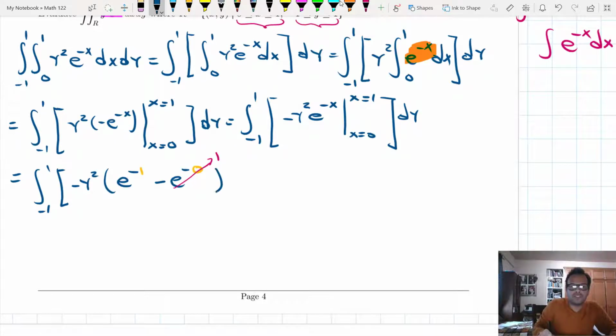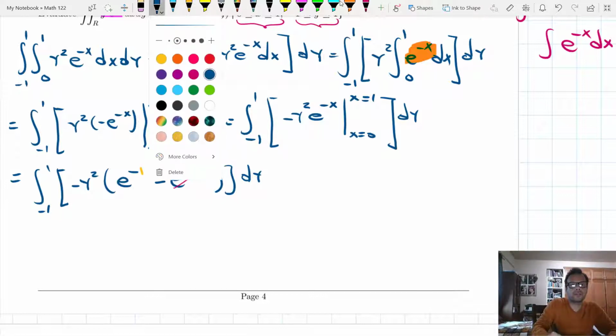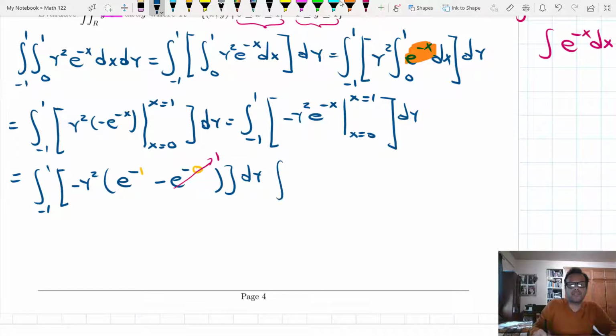Any quantity to the 0 power is always 1. So we are going to get the integral from negative 1 to 1 of negative y squared times e to the negative 1 minus 1.